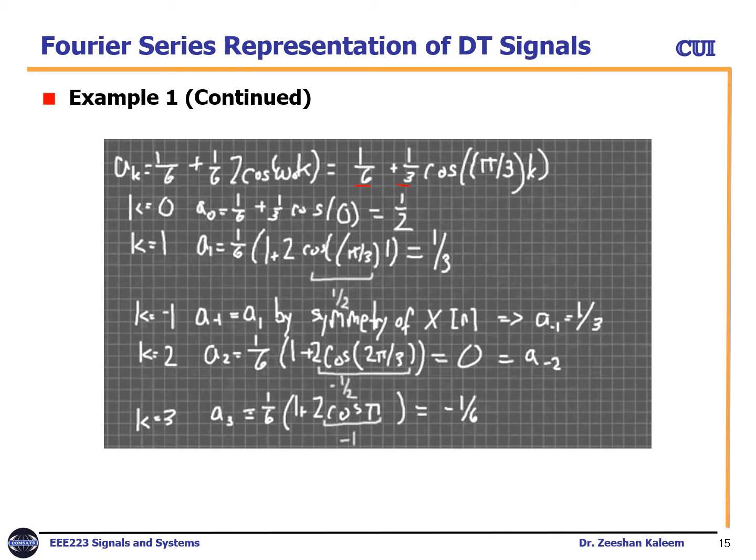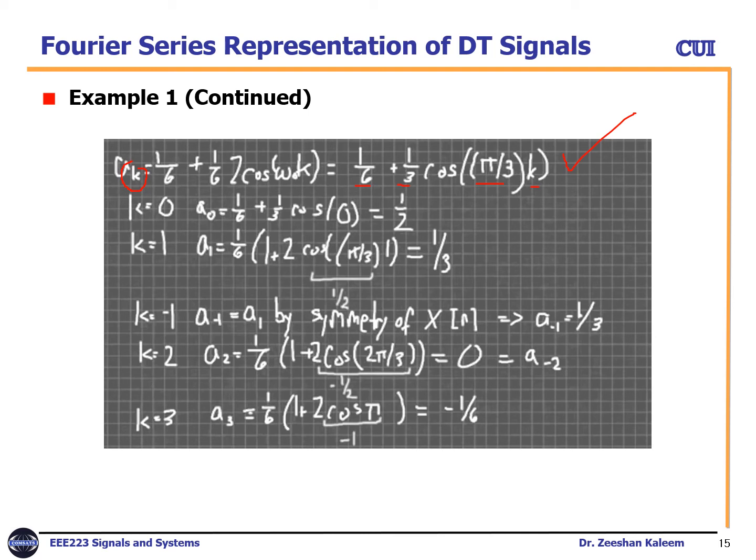In place of omega naught, we are putting pi by 3, so pi by 3 k. Now to find the different values of a_k, because this was a general equation for a_k, k can be varied from 0 to N. Here we have a period of 6.